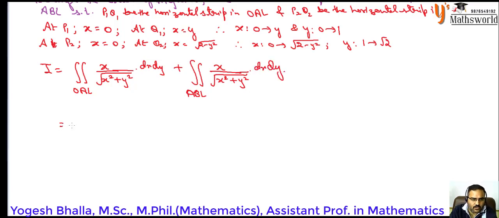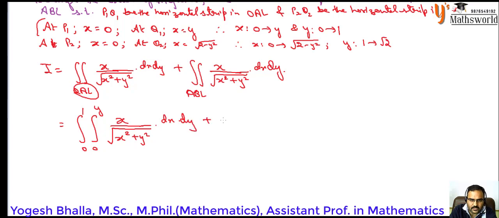Now coming to the area OAL, the first strip, we have the dependent limit as x varying from 0 to y, and y has a constant limit, so 0 to 1 for y and 0 to y for the limit of x, of x over root of x square plus y square dx and then dy, plus again y varying from 1 to root 2 and x from 0 to root of 2 minus y square, of x over root of x square plus y square dx and dy.